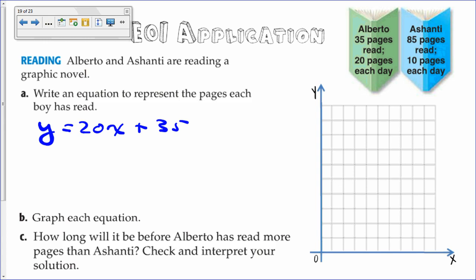And Shante is going to be y equals what? There we go, 10x plus 85. Then we can graph each equation. What do I need to go by down here? It says each day. So on my x, do I go by 1s or do I go by 2s? How do I know for sure? What did we say? Check your what?